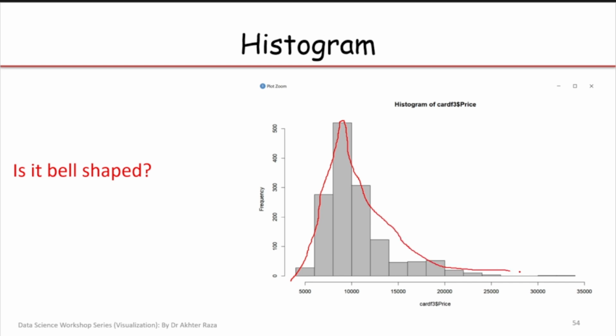We can call such a distribution a positive skewed distribution. This is a positive skewed distribution, meaning it is not normal. Or we can call it a right skewed distribution. It is not normal.